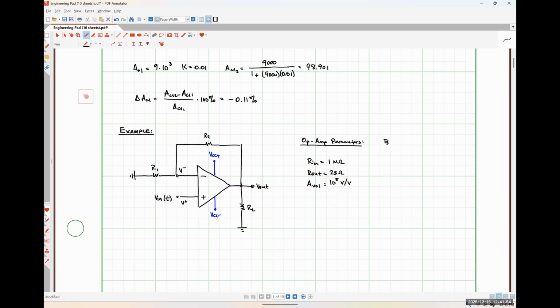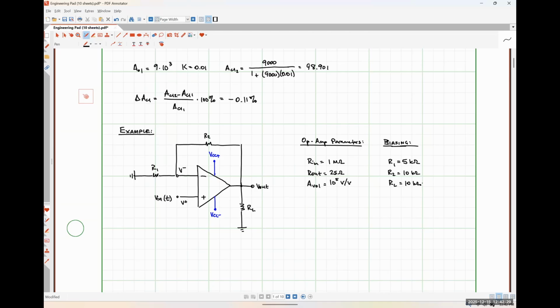For biasing, these are going to be our resistor values. Let's say that R1 is 5 kilo ohms, R2 is 10 kilo ohms, and RL is going to be 10 kilo ohms as well. Okay.